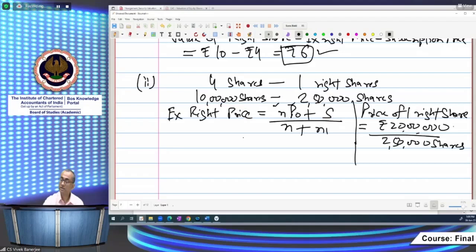So we will get the right price. It's coming to 8. So value of one right share is ₹8.